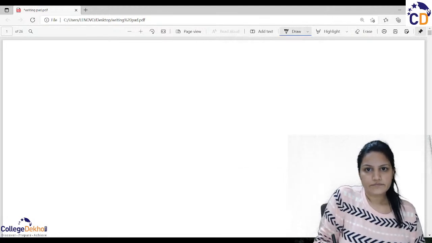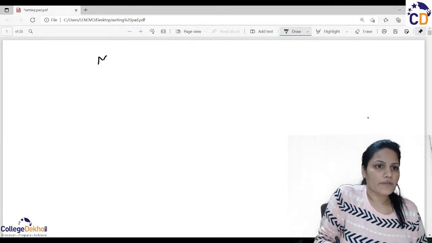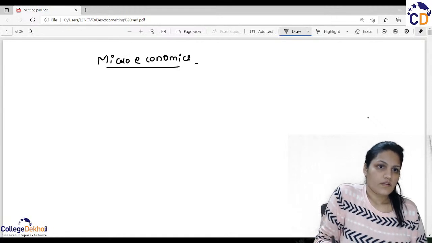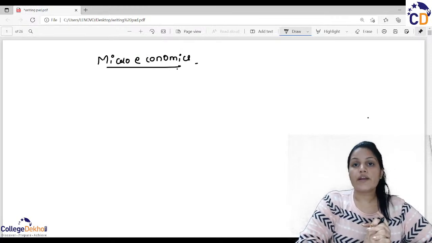First point is microeconomics. Microeconomics is something we derive from the internal part.